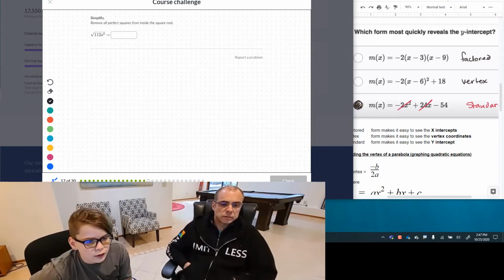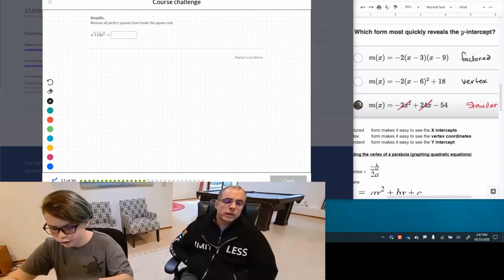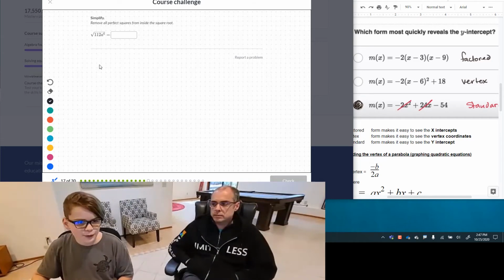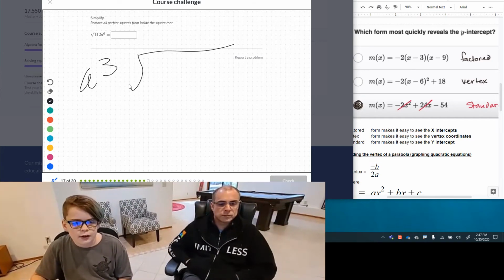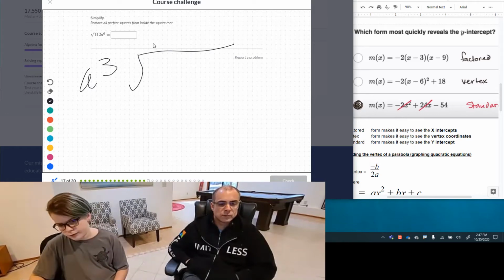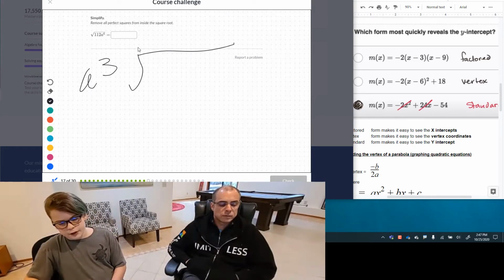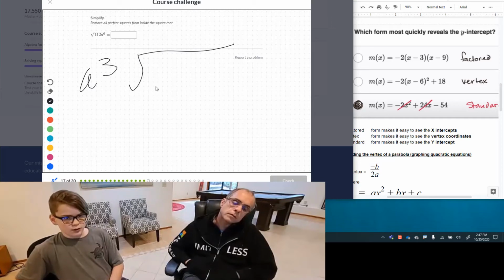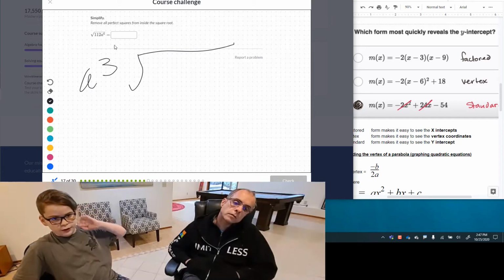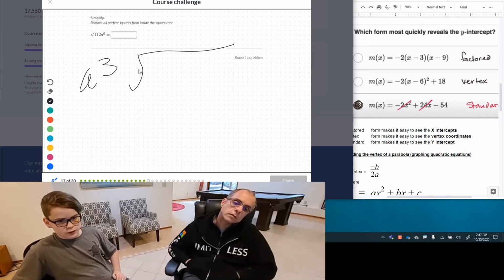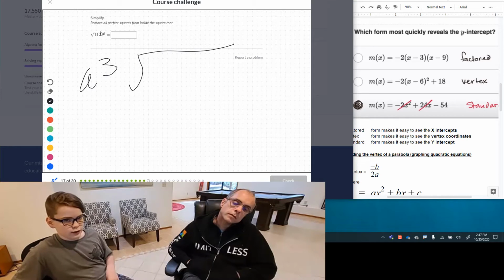Simplify. Okay. So you can remove A, 3. Yeah, and then 11 times 11 equals that. So then you can remove 11, because isn't 11 squared equal that? I think so, yeah.